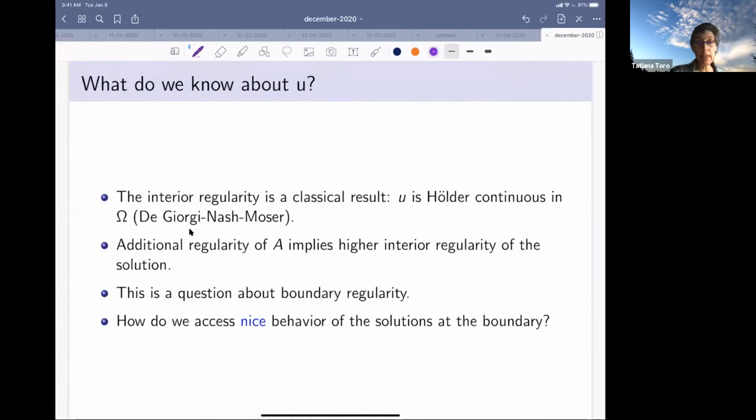And now the question is, how do we assess nice behavior of solutions at the boundary? Remember, omega, our bounded domain, is not necessarily the ball. It could be something else. So in the next slide, little by little, we will understand how to assess behavior and nice behaviors of solutions at the boundary. And then we'll talk about what the domains look like.